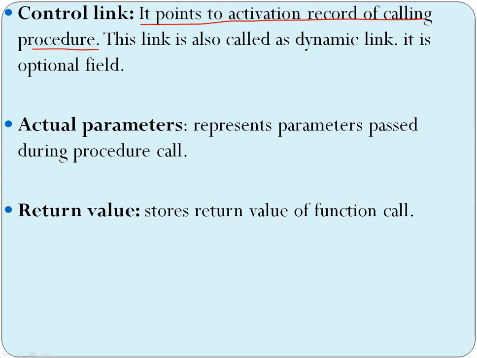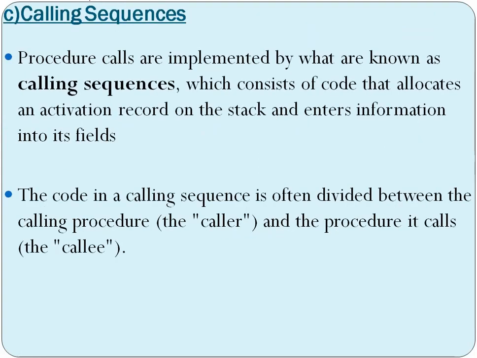The add function's activation record stores the address of the activation record of the main function. That is called the control link, and it points to the activation record of the caller procedure. This link is called the dynamic link. Next, actual parameters represent the parameters actually passed by the caller. Return value stores the return value of the function call.